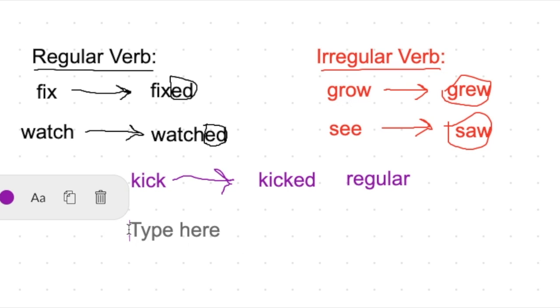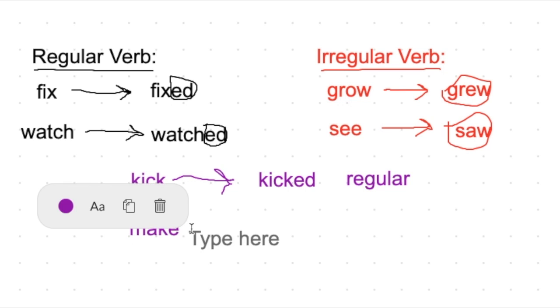Now, how about the verb make? I want you to try to think about this one on your own and pause the video and write down if you think it's regular or irregular. First, make it past tense. Can we make it maked? I maked the cake. We can't say maked.